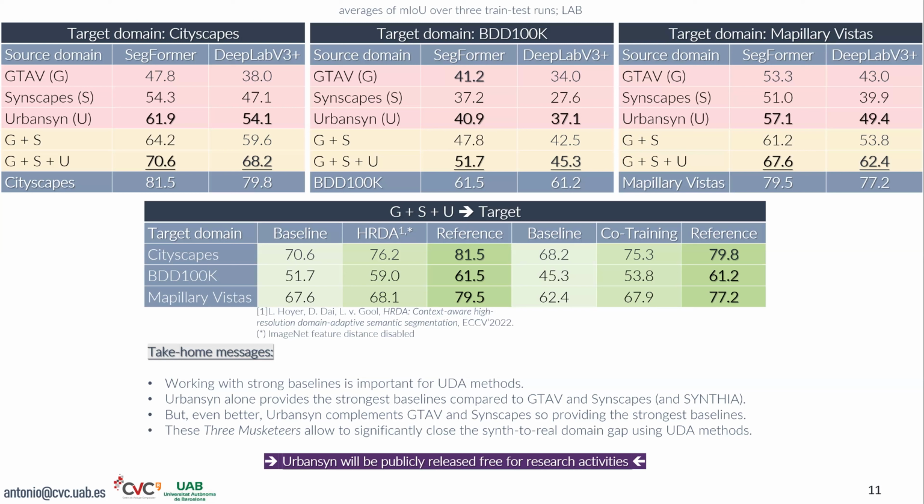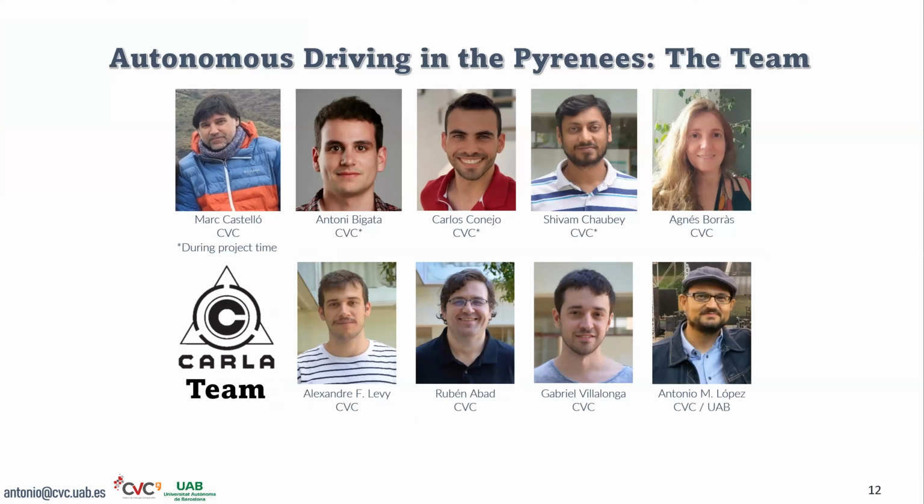So this is repeated with BDD and Mapillary. So we see that this 7K dataset that we are going to, by the way, release free for research is providing value. And we hope it is going to be used for synth to real domain adaptation in the near future. Okay, next thing.